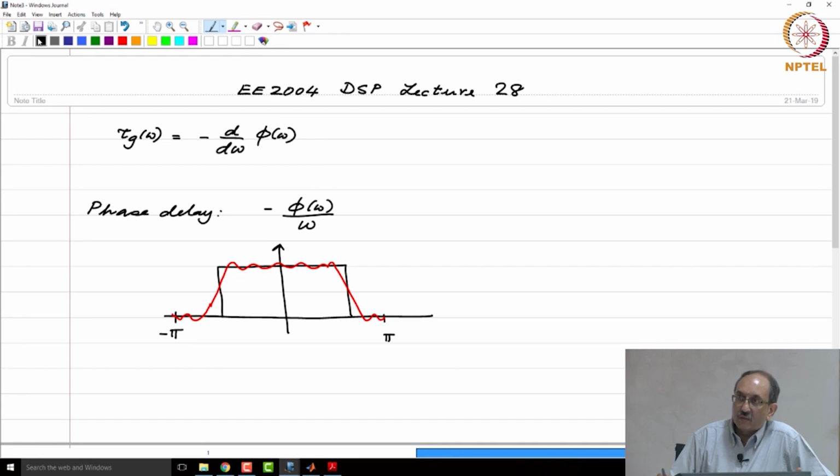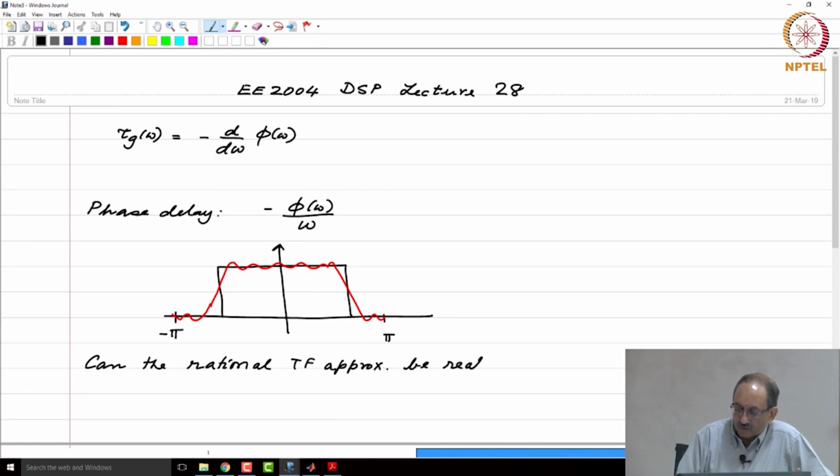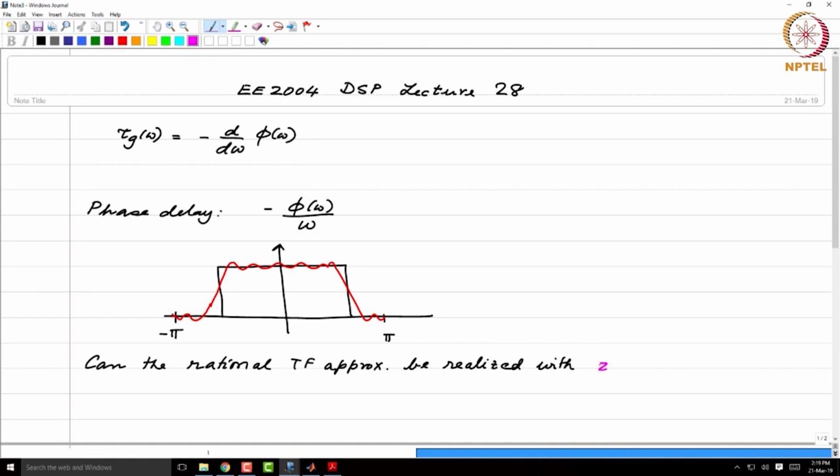And we have seen the implications of phase response. So, the question that we would like to ask at this point is, can the rational transfer function approximation be realized with 0 phase?